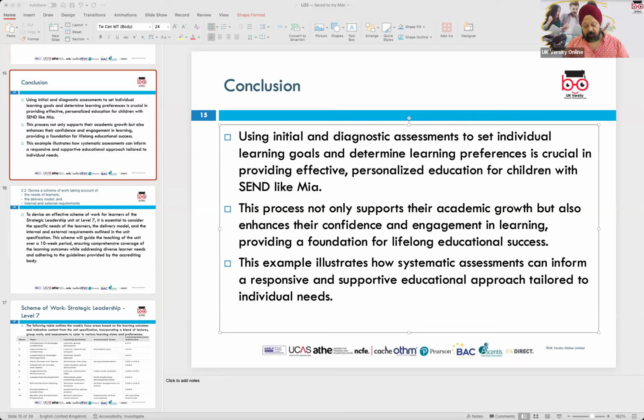So in your case, what you would need to do is get hold of some sort of diagnostic assessments through which the children are normally put. Have at least something at hand which will allow you to add it as evidence to say, okay, these are the diagnostic assessments which are run within the organization.